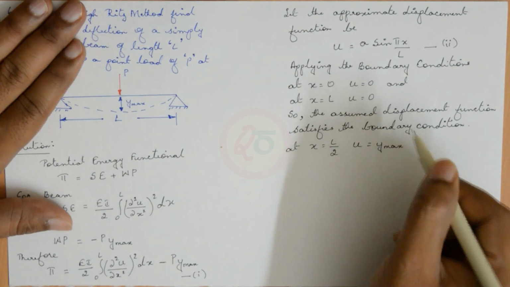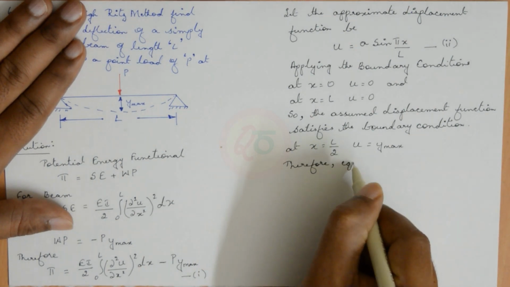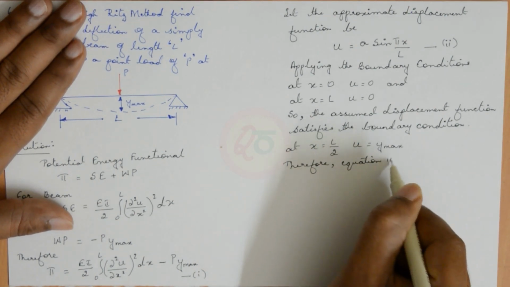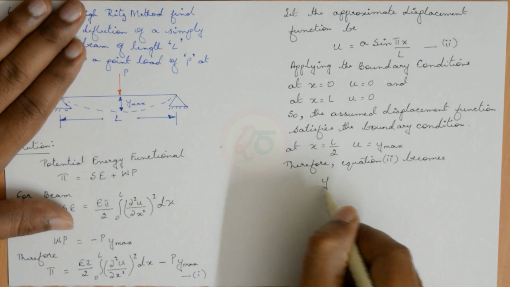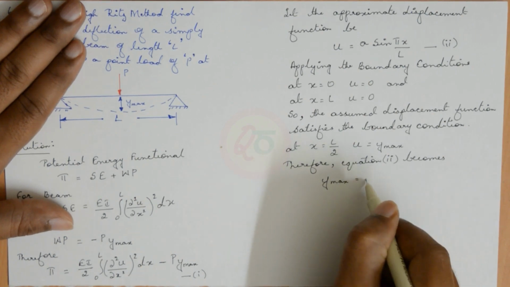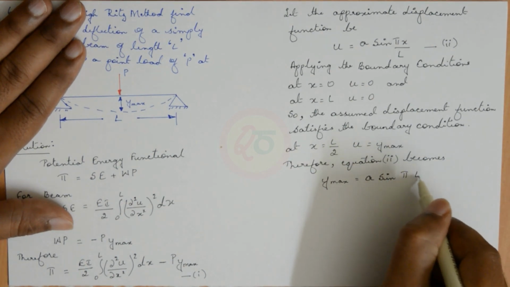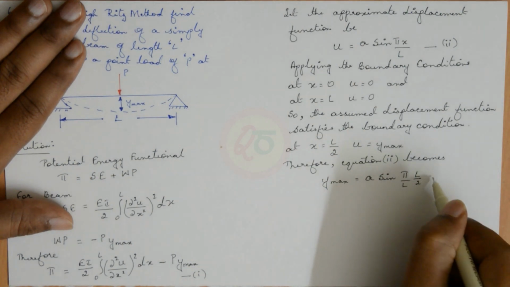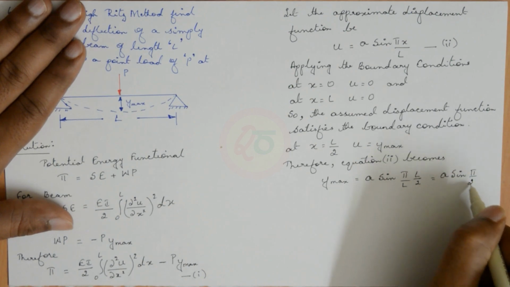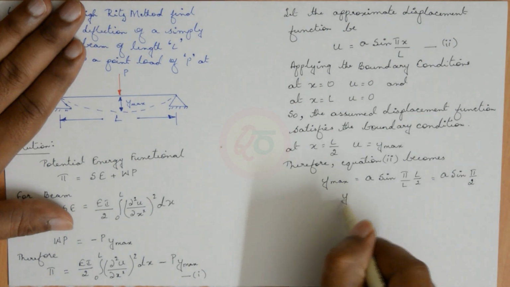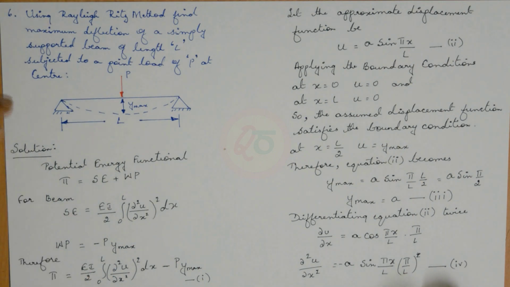So therefore equation 2 becomes y max is equal to a sine pi into L by 2 divided by L. So this is nothing but a sine pi by 2, which is y max equals a.